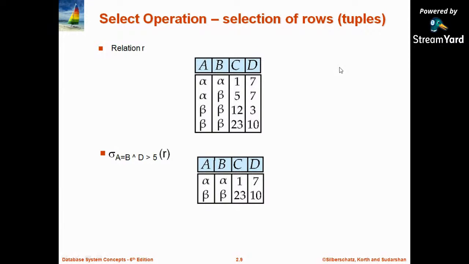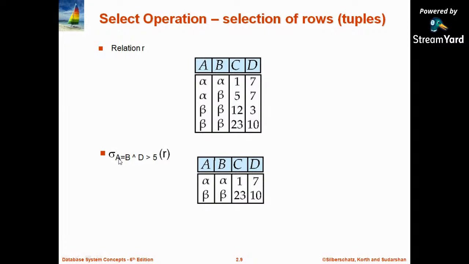So we start with the select operation. The first operation that we are going to learn under relational algebra is the select operator. The select operator will select some of the rows from the table, and it is represented as sigma.